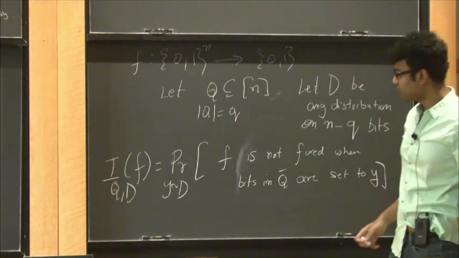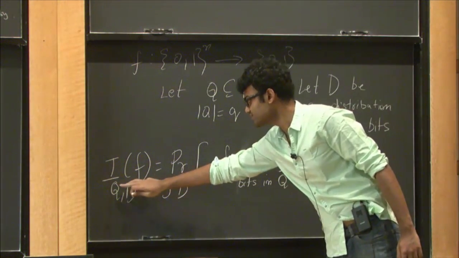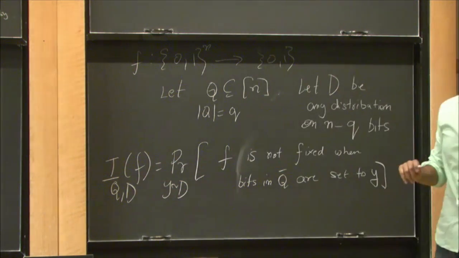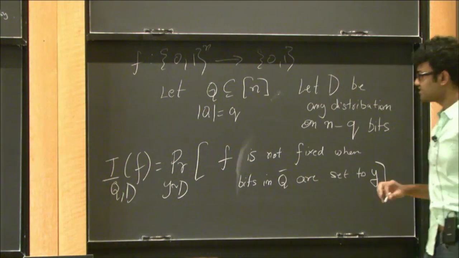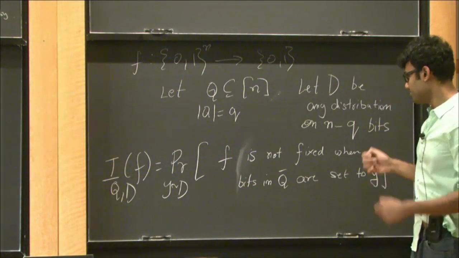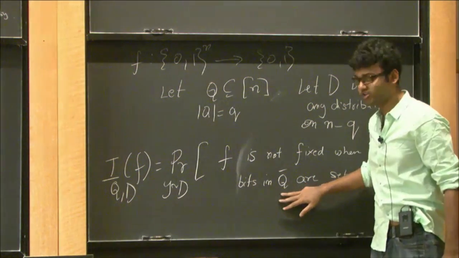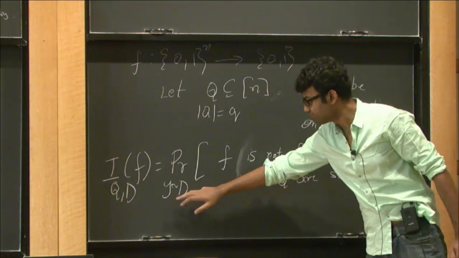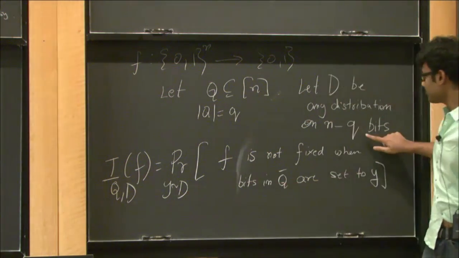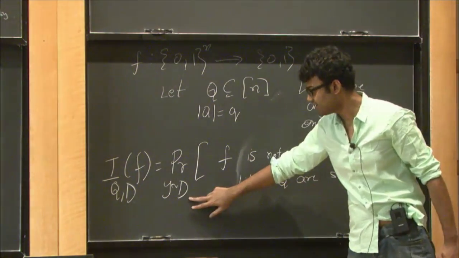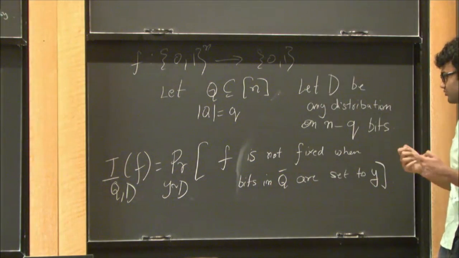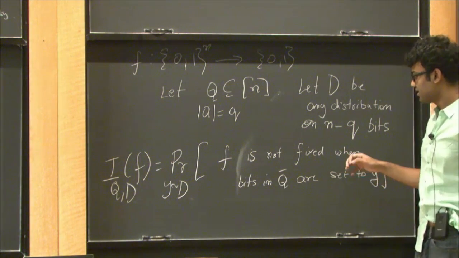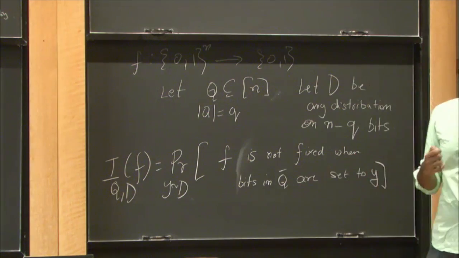So let's look at what this quantity means. This is the influence that the set Q has with respect to the distribution D on the function f. This is the probability that if you sample a string y of size n minus q from this distribution D and set the bits outside Q to this string y, then we look at whether the function is already determined or not after this fixing.